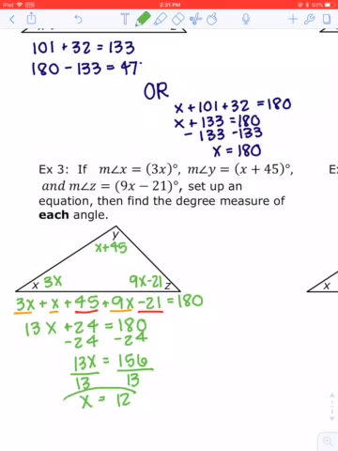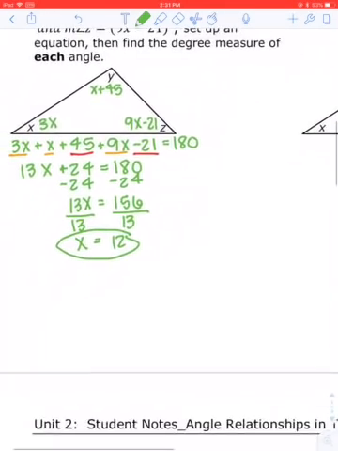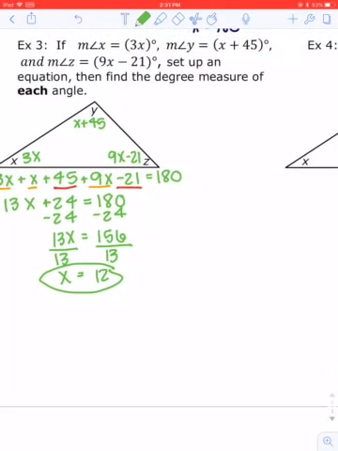Now that I know x, I'm going to go back in and plug in x for each of those. So for the measure of angle x, I'm actually going to have 3 times 12, which gives me 36 degrees for measure of angle x.